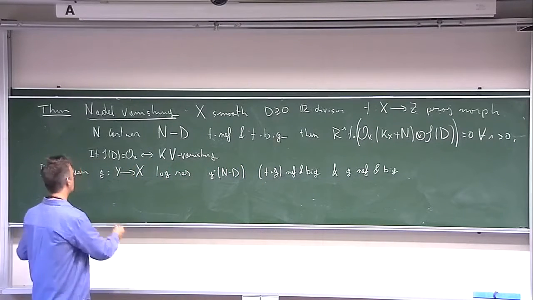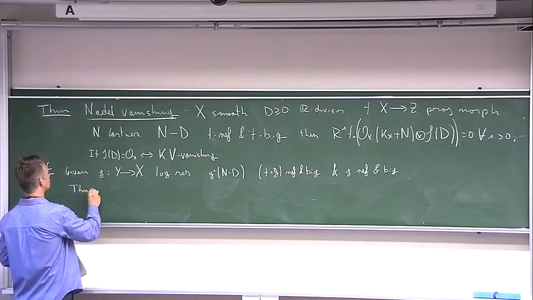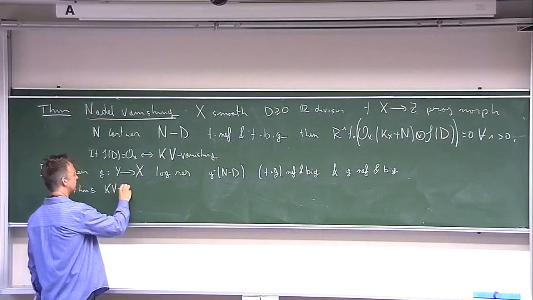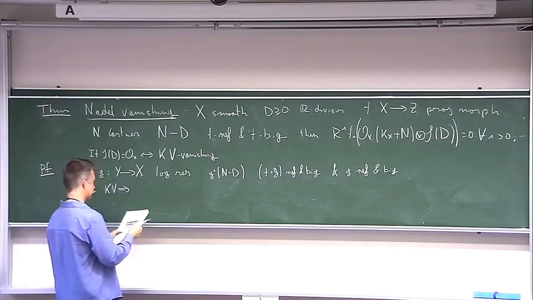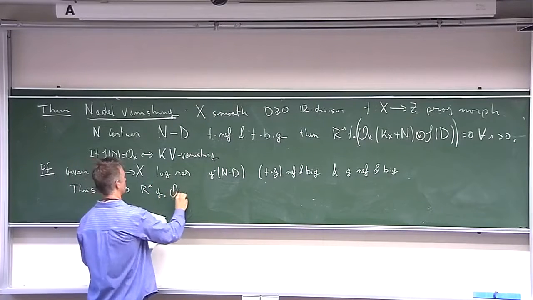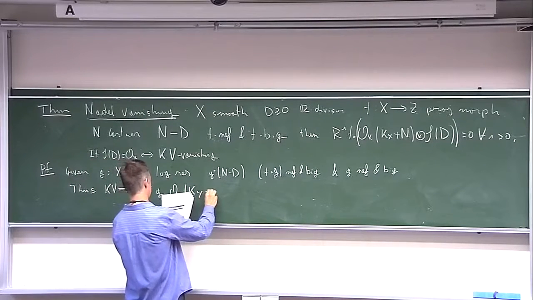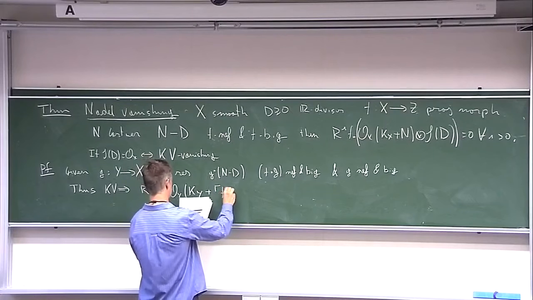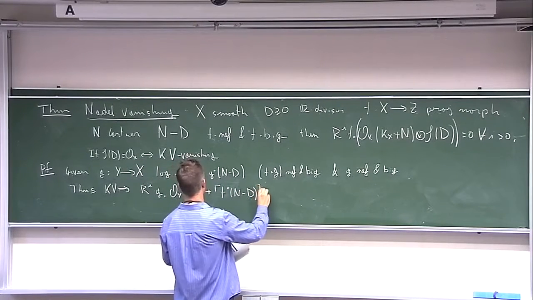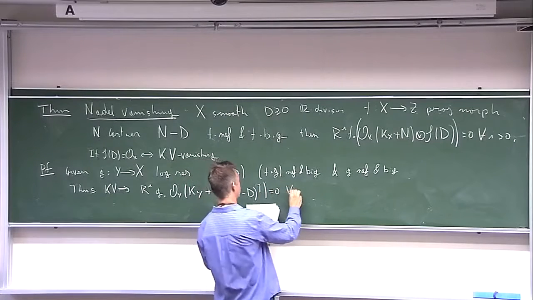So by Kawamata-Viehweg vanishing, what do we get? We get two things. We get that if I push forward, K_Y plus the roundup of the pullback of N minus D, this is equal to 0 for every i greater than 0.